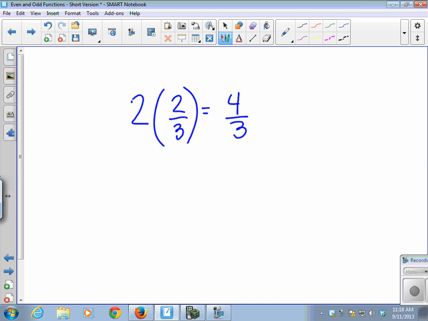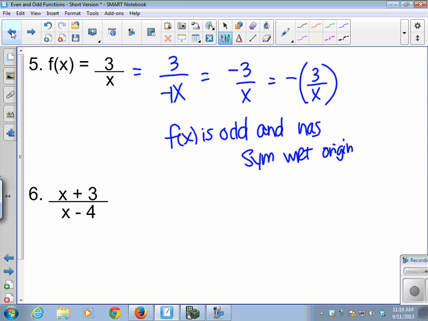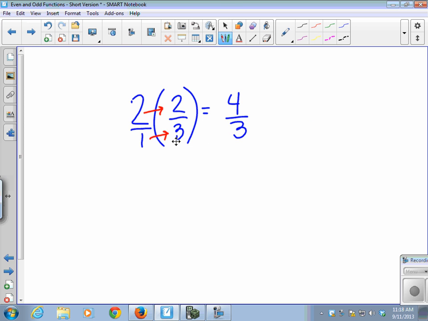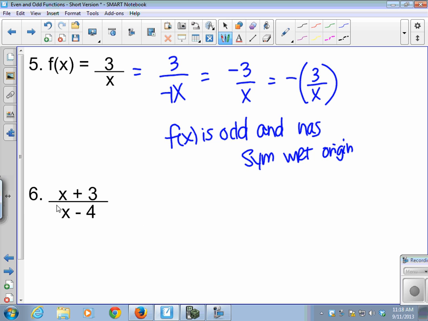And the reason that it happens like that is because this is like a 2 over 1. And when we multiply fractions, we multiply straight across. Hopefully this will help you understand what number 6 is going to be. Okay, so when we multiply fractions, we multiply straight across. So whenever I do this, if I were to end up with an even function, I would need the exact same thing with what I started with.